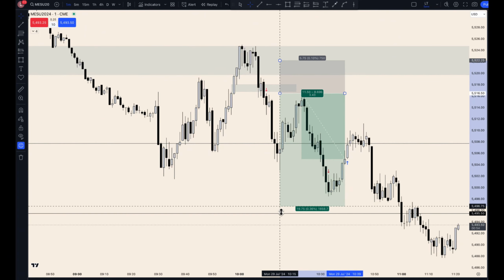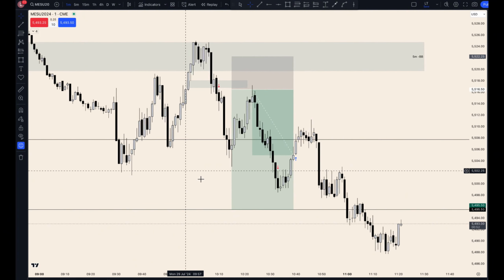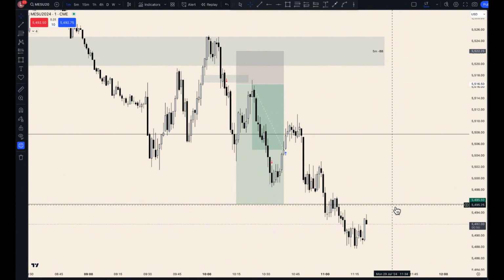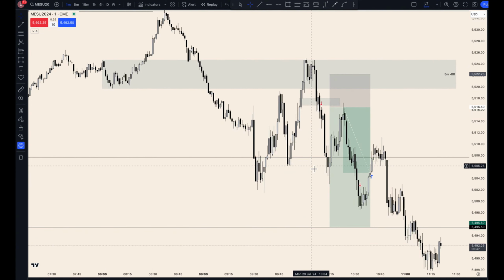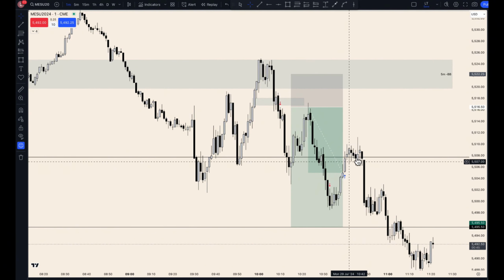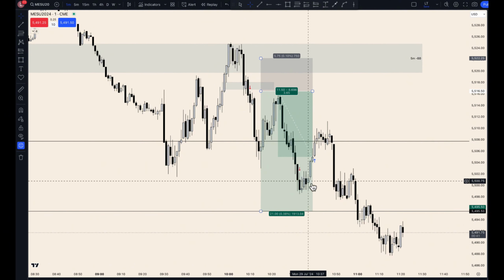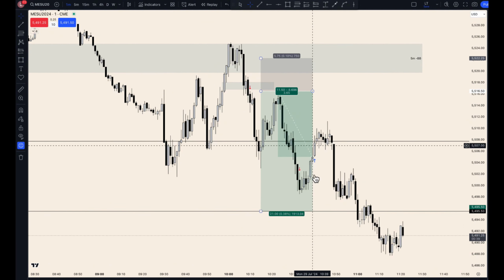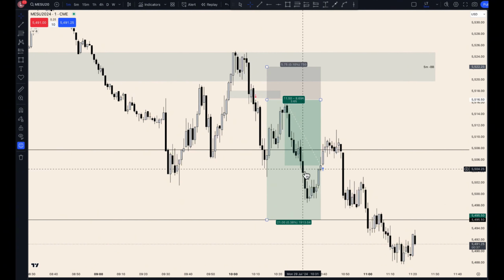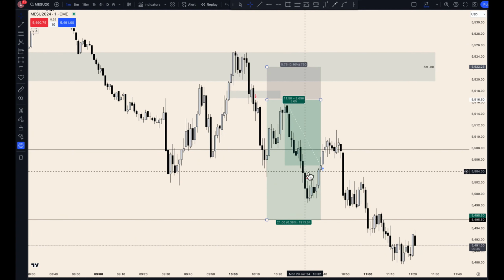So I was targeting, initially, this sell side liquidity here, but in the end I took it off right here, because I thought price was actually going to be displacing towards the upside, and it actually invalidated this bullish fair value gap here.